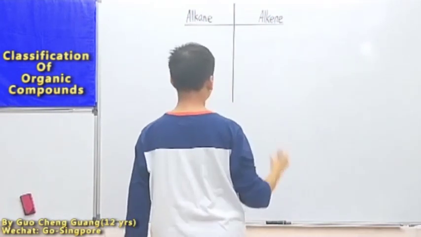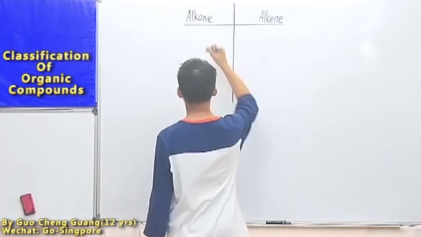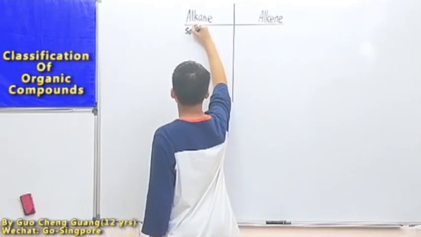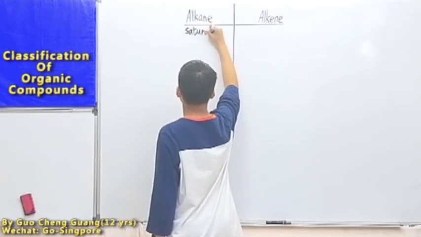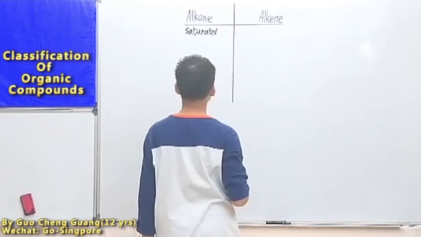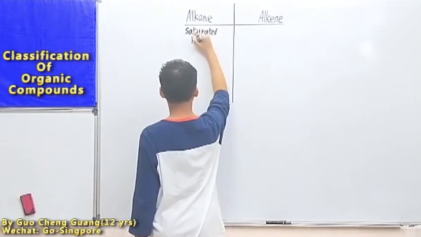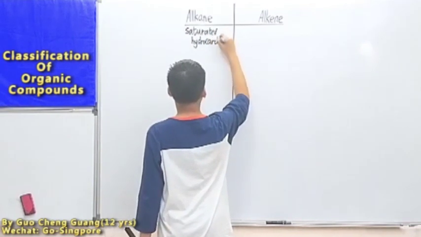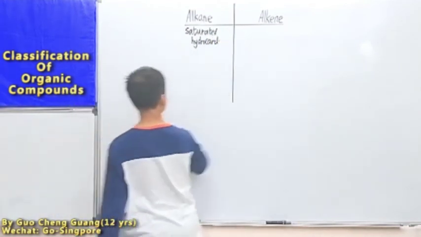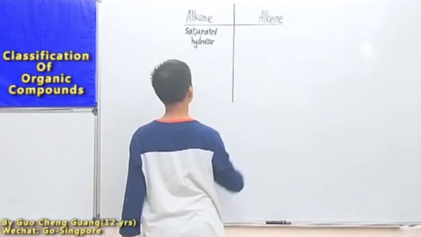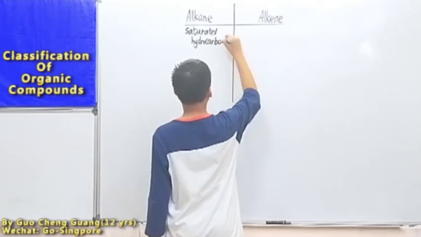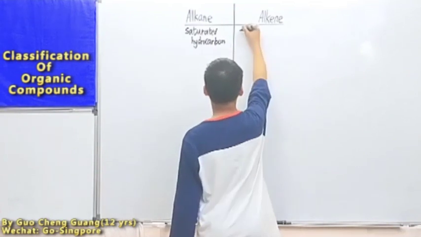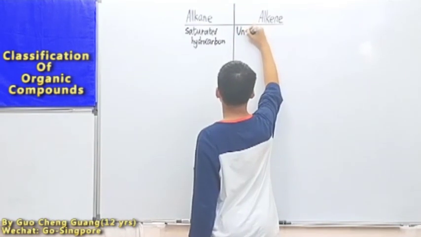The first difference is that alkane is saturated, or you can say it is a saturated hydrocarbon. Well, for alkene, you can say that it is an unsaturated hydrocarbon.